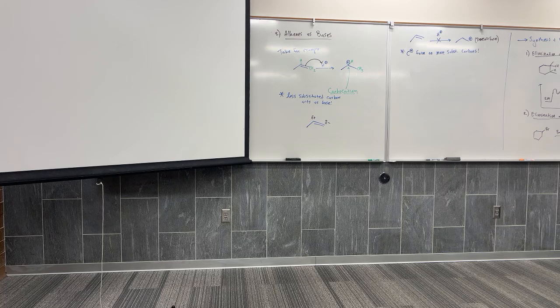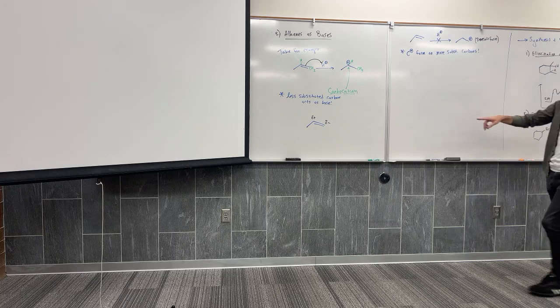Are these two starred points saying different things? The less substituted carbon acts as the base, the more substituted carbon forms the carbocation. That's saying the same thing, just from different sides of the reaction arrow.